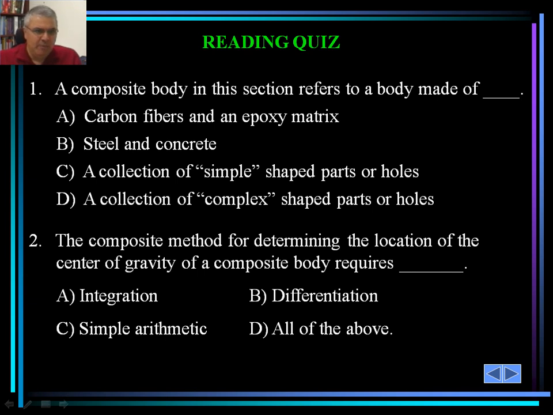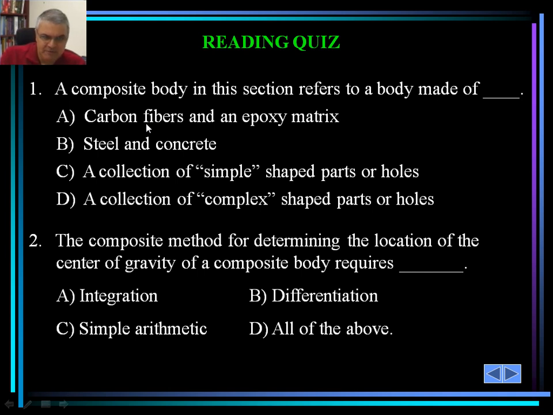Number one, a composite body in this section refers to a body made of blank. And there are four choices here, A, B, C, and D. The correct answer is actually, let's think about it for a minute. A composite body in this section refers to a body made of, well, carbon fibers and epoxy matrix? That is actually a composite fabric that is used.